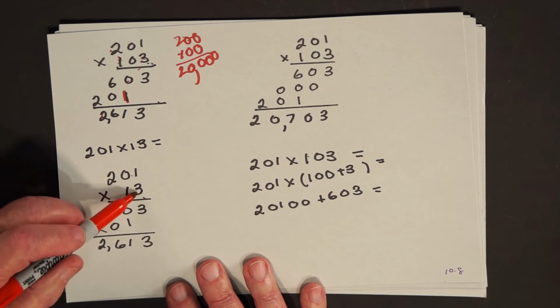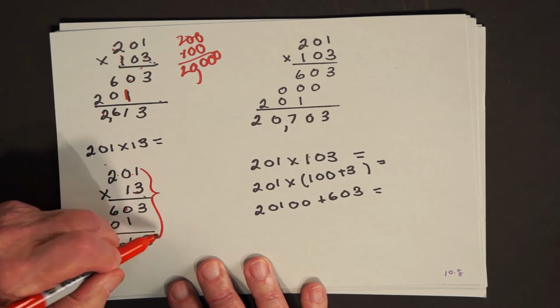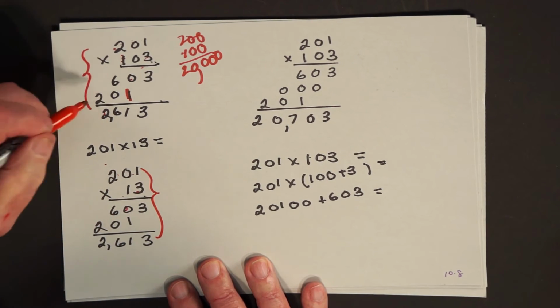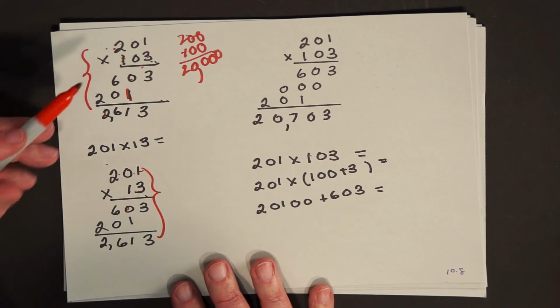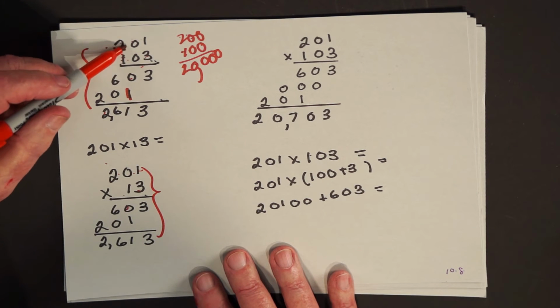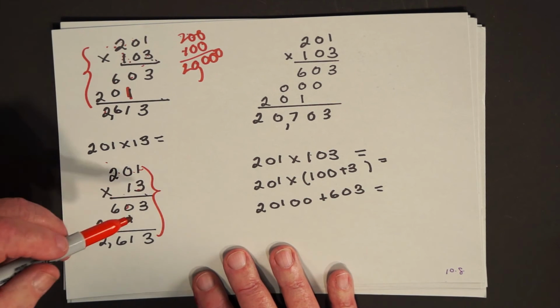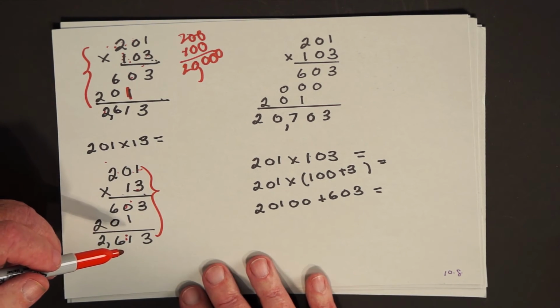See, 3, 0, 6, 1, 0, 2. This method here, which was wrong, would have been the correct way to do that problem. Unfortunately, that wasn't the problem we were trying to solve.